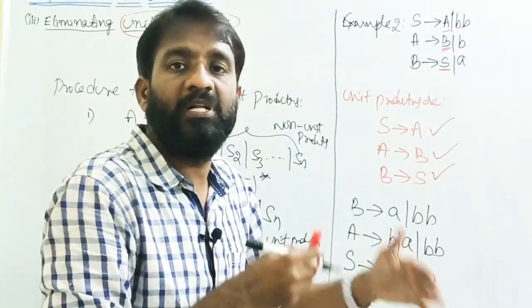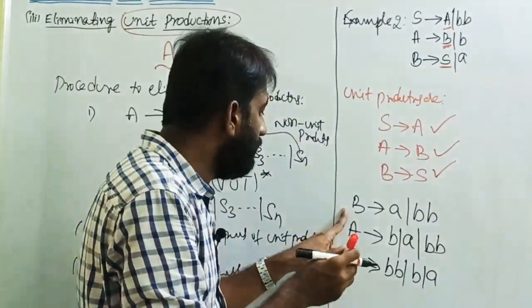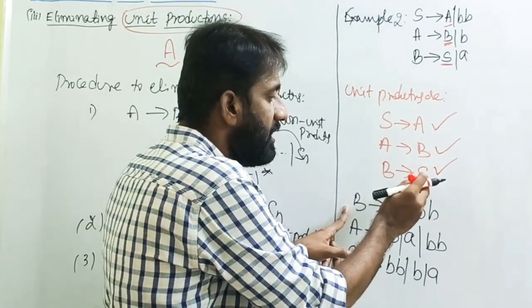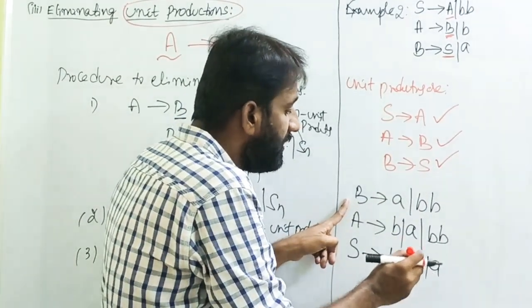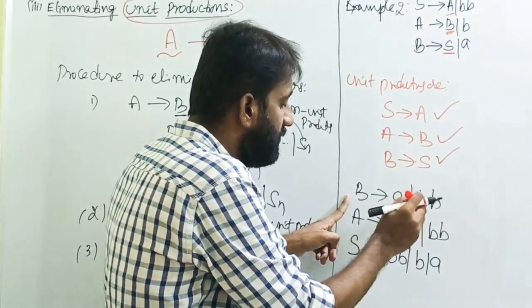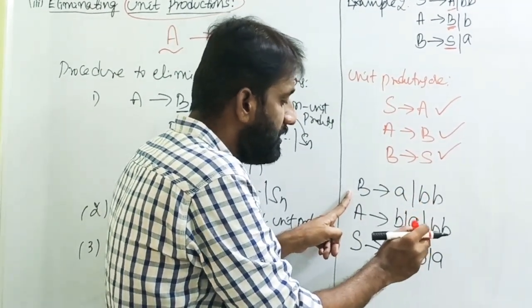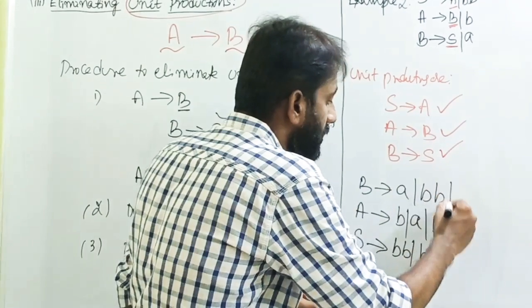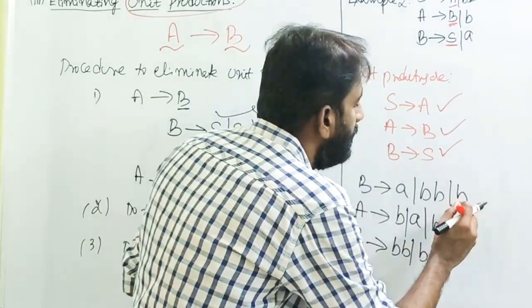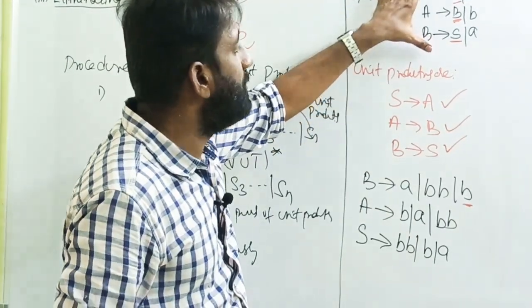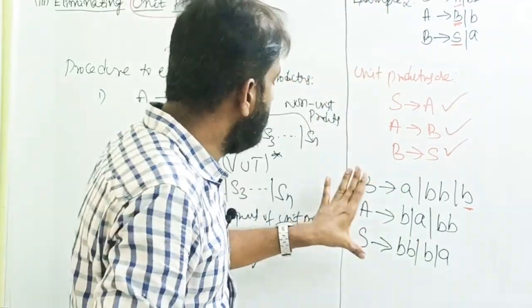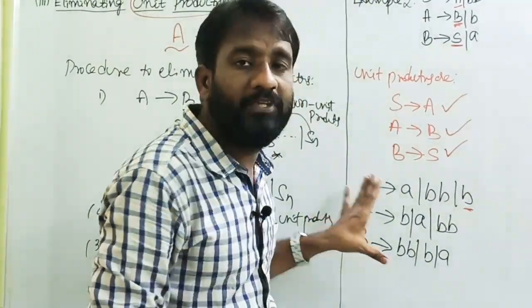Then do this simultaneously again. B tends to S after removing S. Now what are S's non-unit productions? BB, B, A. A is there, BB is there. What is missing? B is missing, so add B also. Remember, this is one important point. So this is the given grammar with unit productions, and this is the grammar without unit productions.